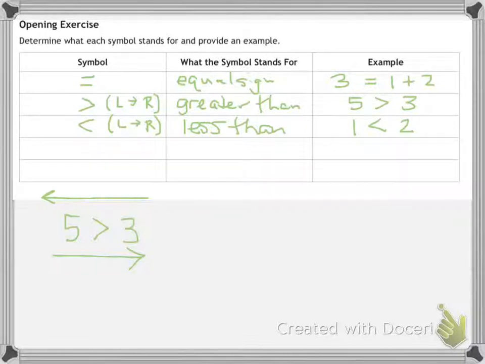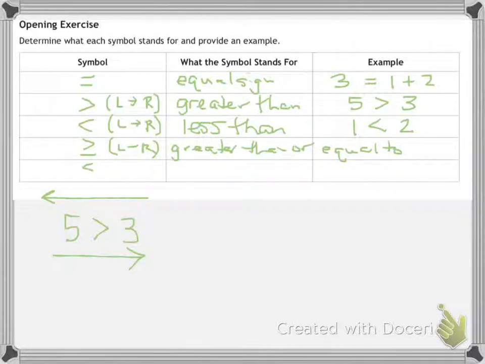All right, two more. The next one is this. Same thing. If we read from left to right, this one's going to mean greater than or equal to. So we have greater than or equal to. That's what that means. I couldn't fit it in the box there, sorry.